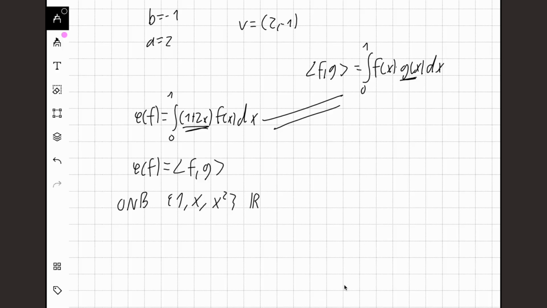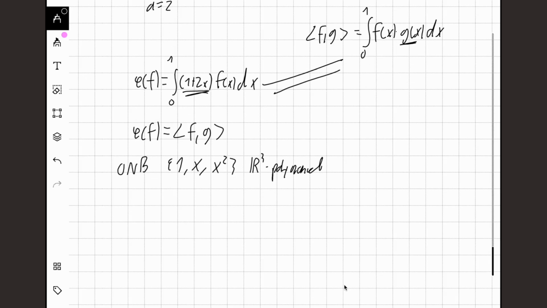This is for R3 on polynomials. But if you don't feel like equating this, then you can just say that your special function or vector v, or whatever, will just be your linear functional evaluated on the basis vector e1 times e1, plus and so on, all the way to your linear functional evaluated on en times en.